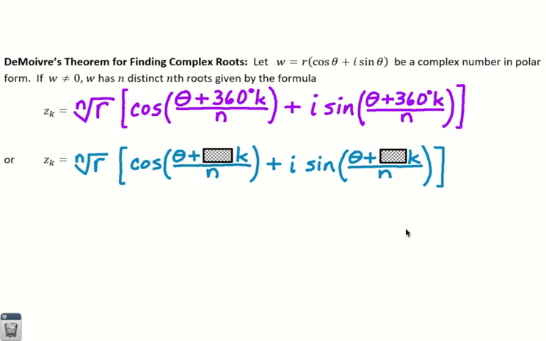And it's a formula. And so if we want to find complex roots of a complex number, then we use this purple formula. Or this blue formula where instead of 360 degrees, we use radians.